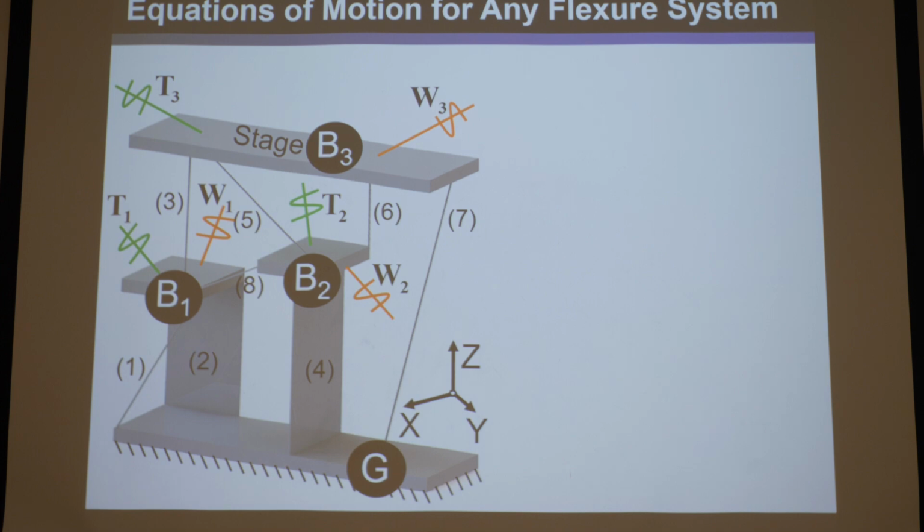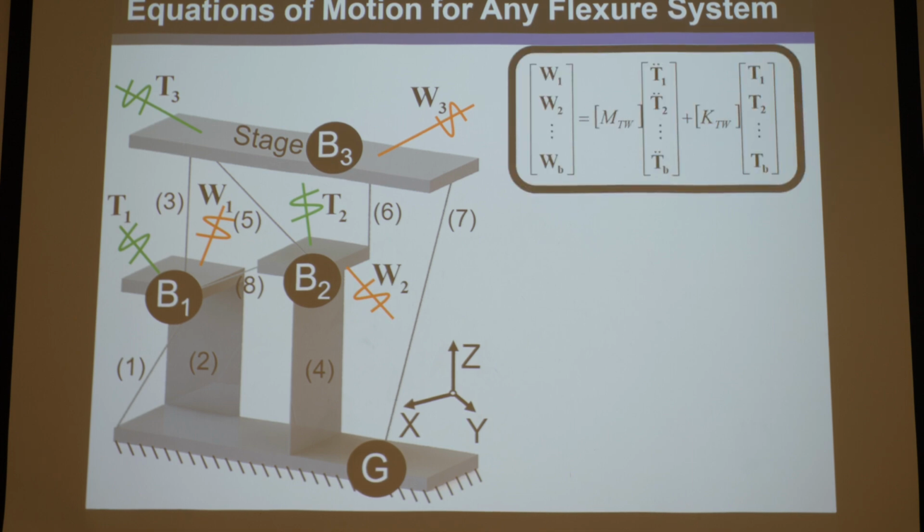Okay, and so let's look at the equations of motion for serial or hybrid or any systems. This is an interconnected hybrid system. Again, it's the same thing. It's F equals m x double dot plus k x, right? Assuming there's no damping. You just have your giant 6b by 6b mass and stiffness matrix, and you have your 6b by 1 vectors, where these are the accelerations, those are the displacements, and those are your loads.